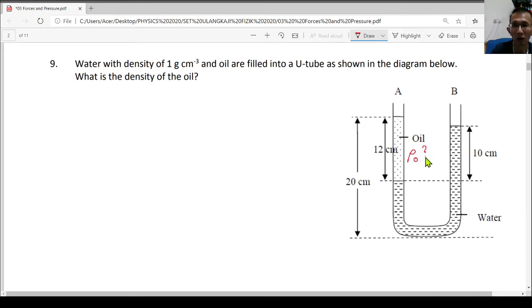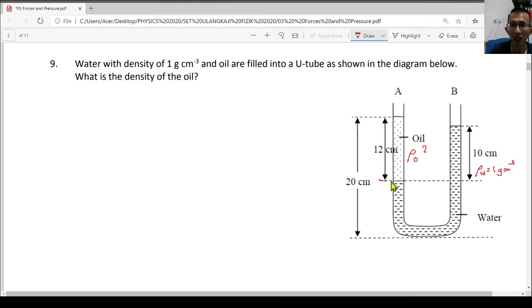I'm going to use the notation O for oil, and the density for water, here is water. The density for water is 1 gram per cubic centimeter. So how do I solve this problem? First, we look at the boundary between oil and water. The lowest boundary is here.